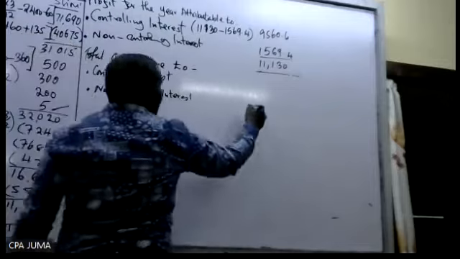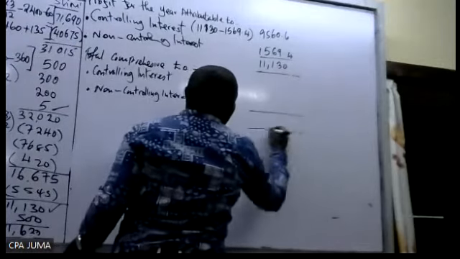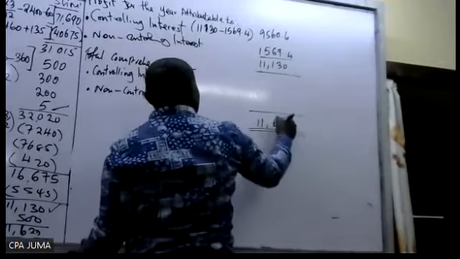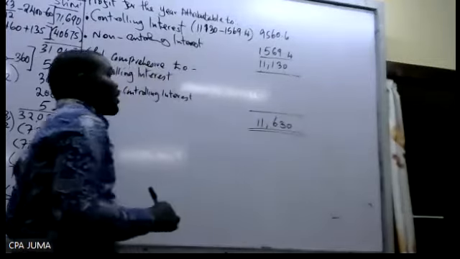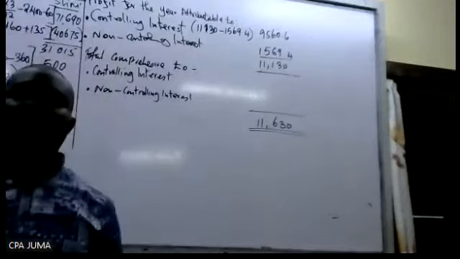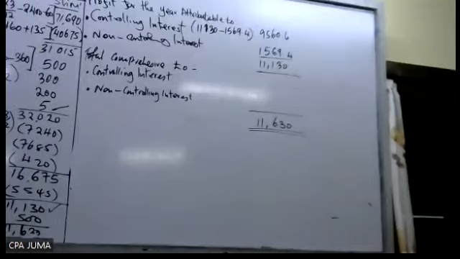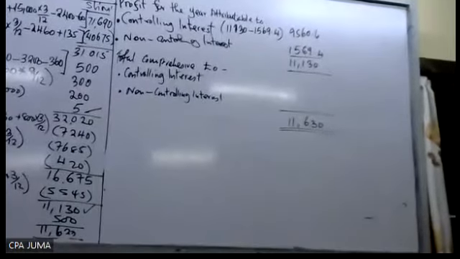Total comprehensive is how much? Total comprehensive is 11,630. I have that. Online hapo inaonekana kweli, yes. 11,630. The total comprehensive down here.